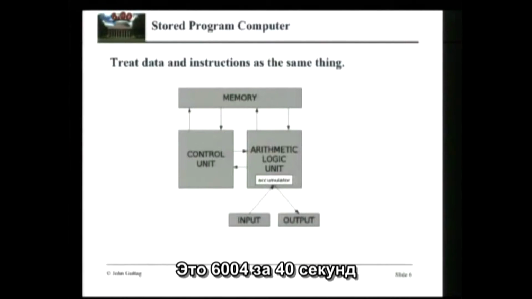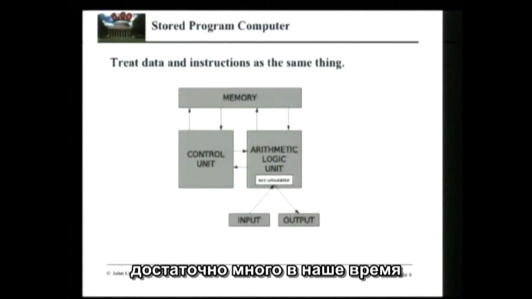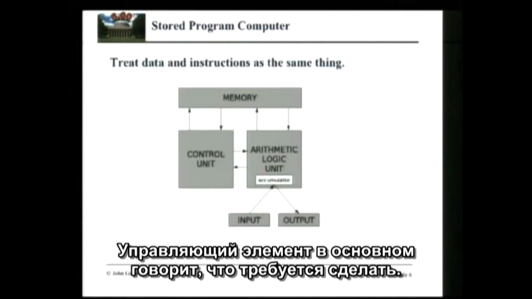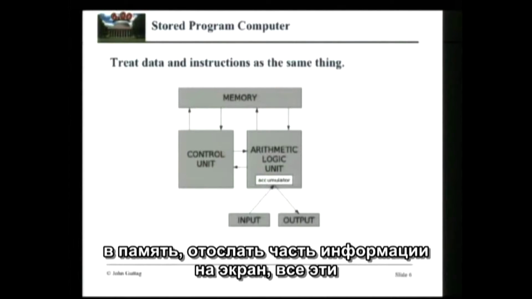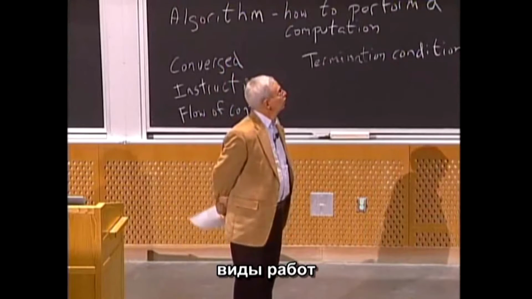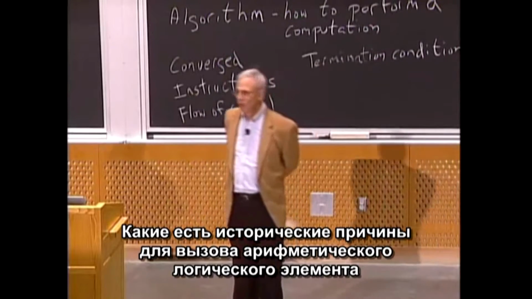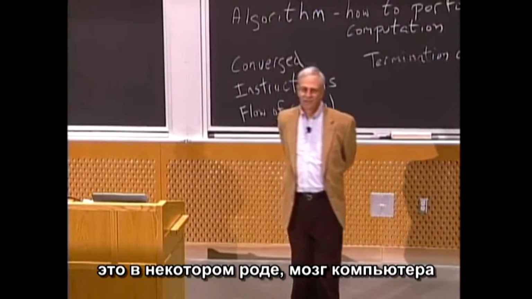This is 6004 in 40 seconds. It's got memory, lots of it today. A control unit that basically tells it what to do. For example, fetch some data from memory, put some data into memory, send some output to a screen, all of those kinds of things. What for historical reasons we call the arithmetic logic unit.